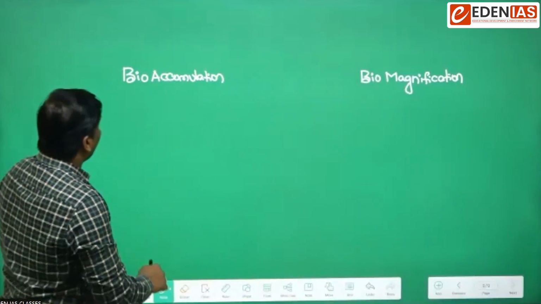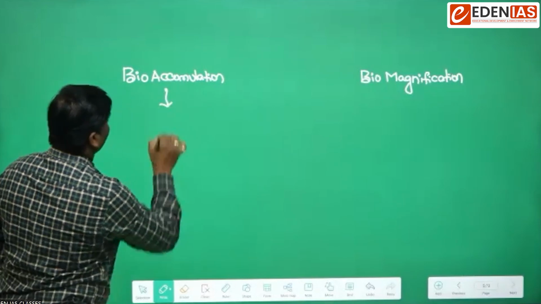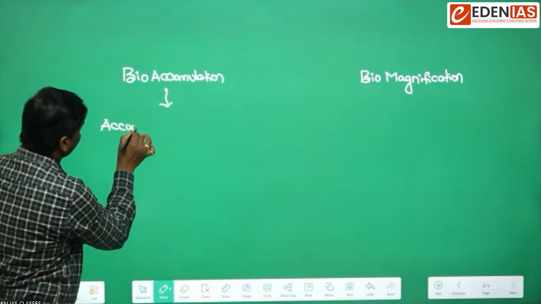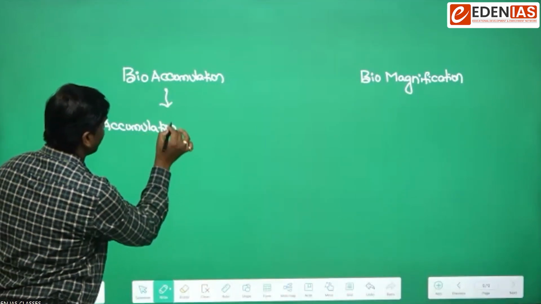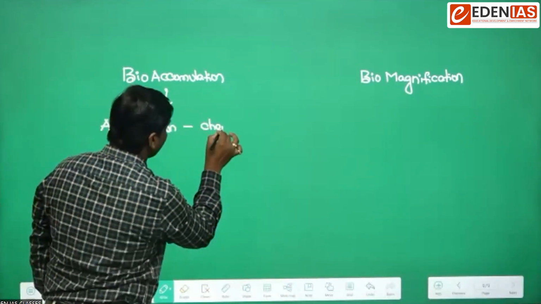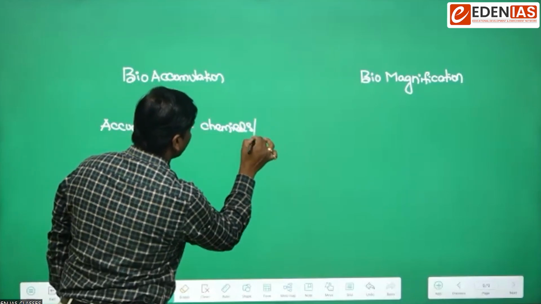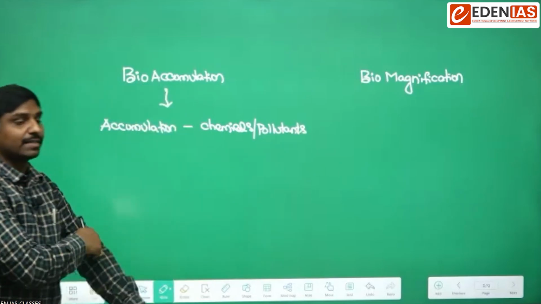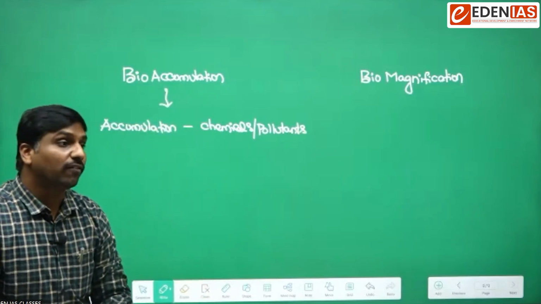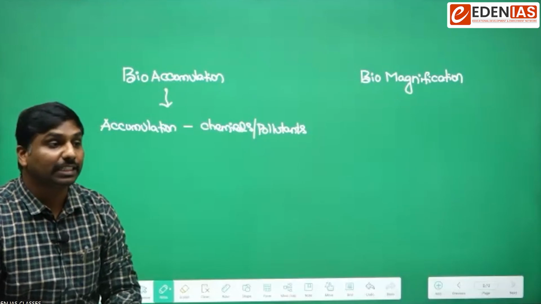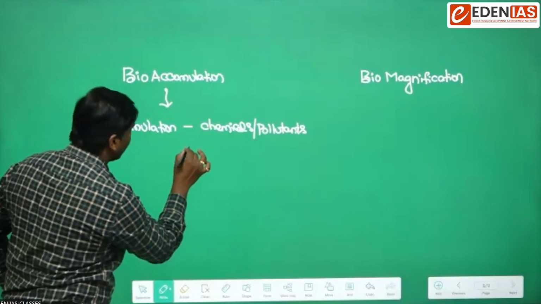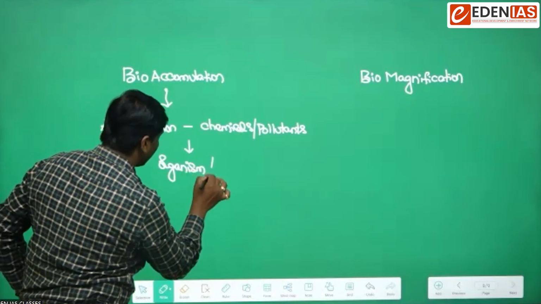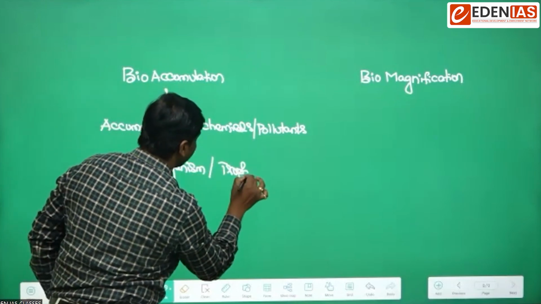Bioaccumulation is the process of accumulation of various chemicals or pollutants within the body of a particular organism, or within a particular trophic level.